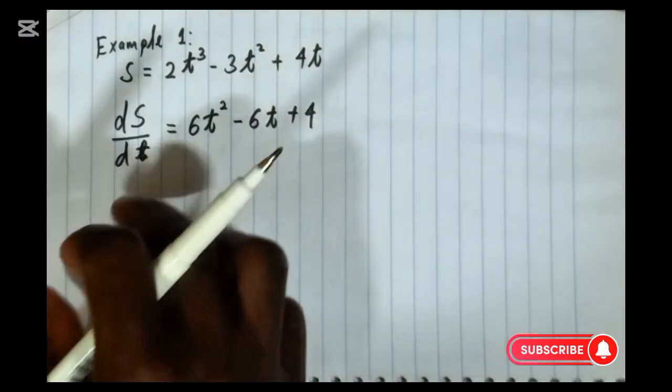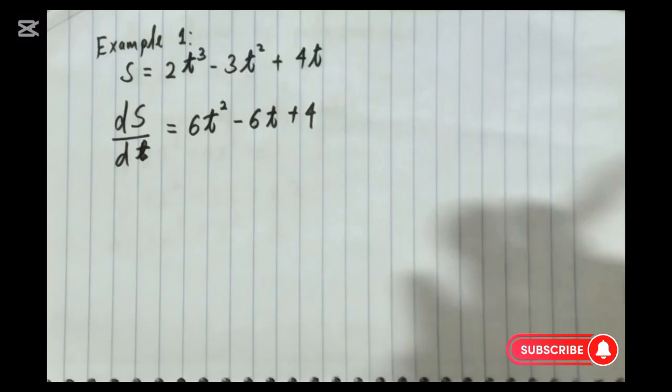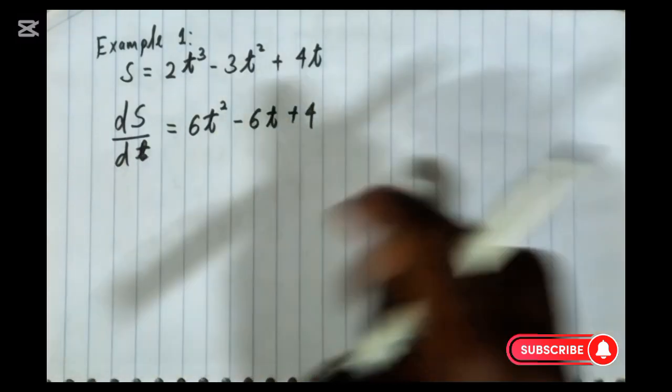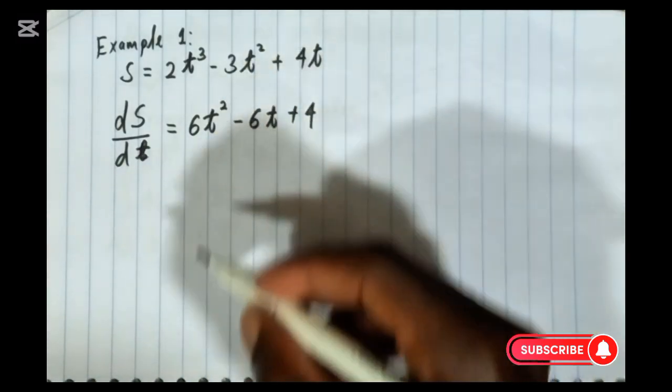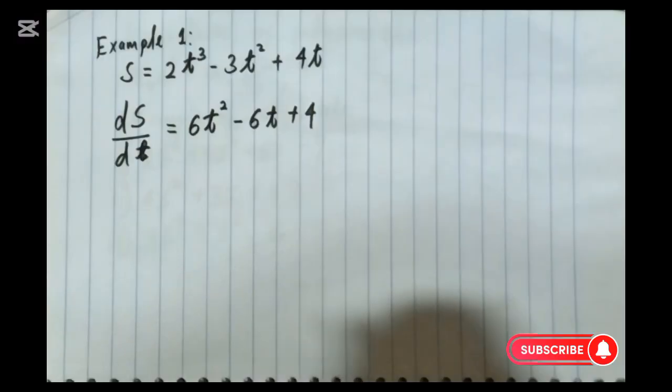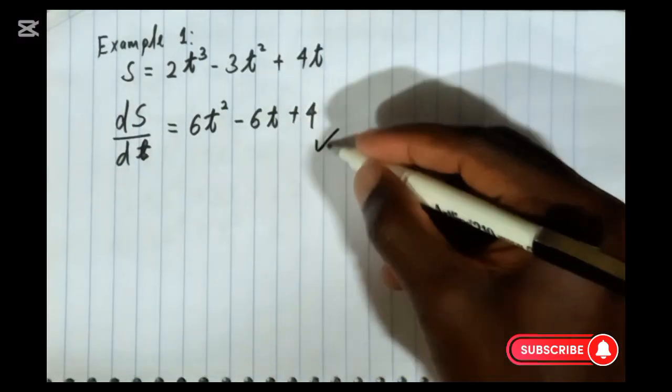So in that particular case, our derived function of s will be 6t squared minus 6t plus 4. And that is how we derive polynomials. Basically, we treat each term as an individual, and then we group them all up together as a function.